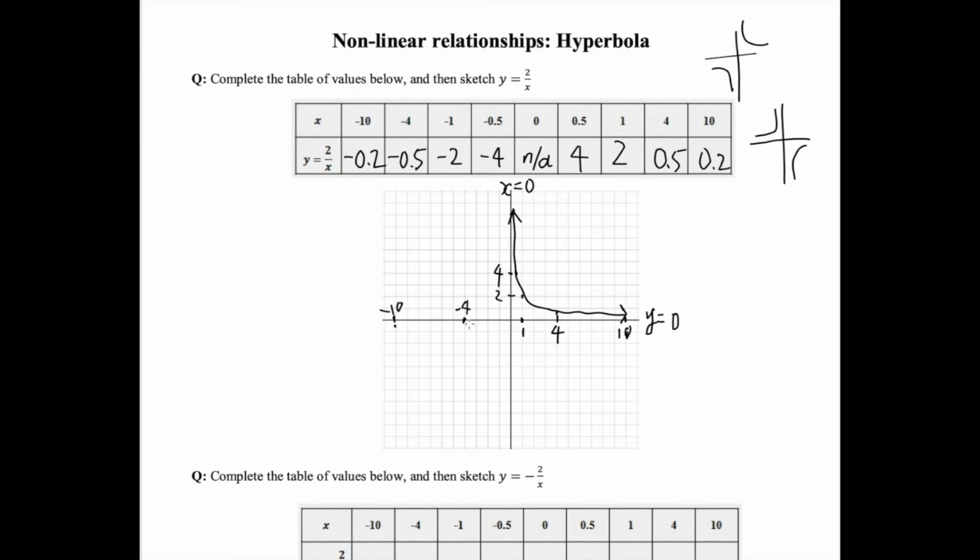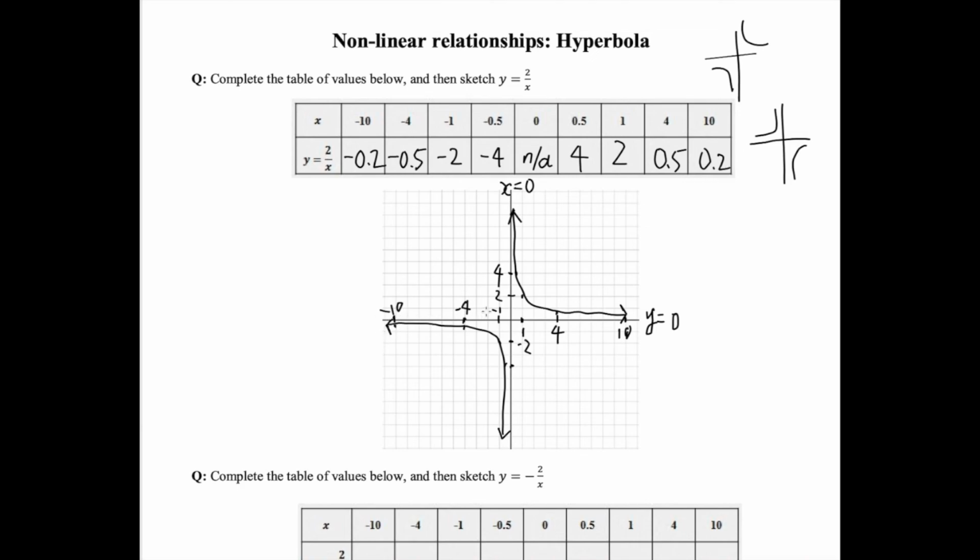Minus 0.5 is somewhere here, minus 1, minus 2, somewhere here, minus 0.5, minus 4 is somewhere here. As you can see, once you join these dots, you would get something that looks like this. This is not a very good drawing, but you get the idea.